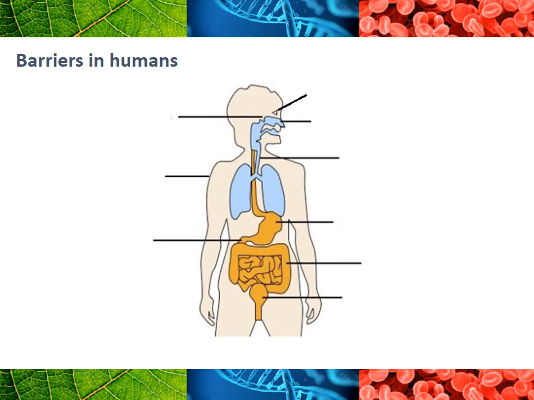Okay, so if you're a visual learner, you might want to have a picture like this in your notes. So things like we talked about the enzymes in our tears. We've got the cilia in our nose. We've got the trachea, so that lining in that tract.